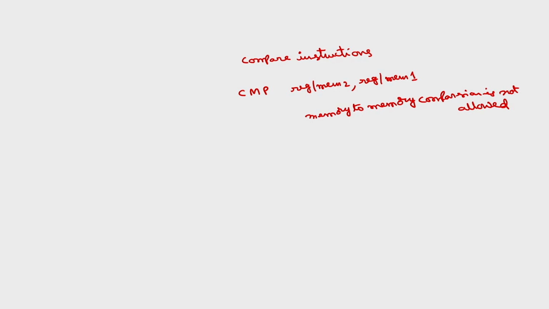The basic operation here is exactly similar to the subtraction operation. Register slash memory 2 contents will be subtracted from register 1 slash memory 1. The only difference between this and subtraction is that in case of subtraction, the result is stored back into the destination register or memory, whereas here the result is discarded.